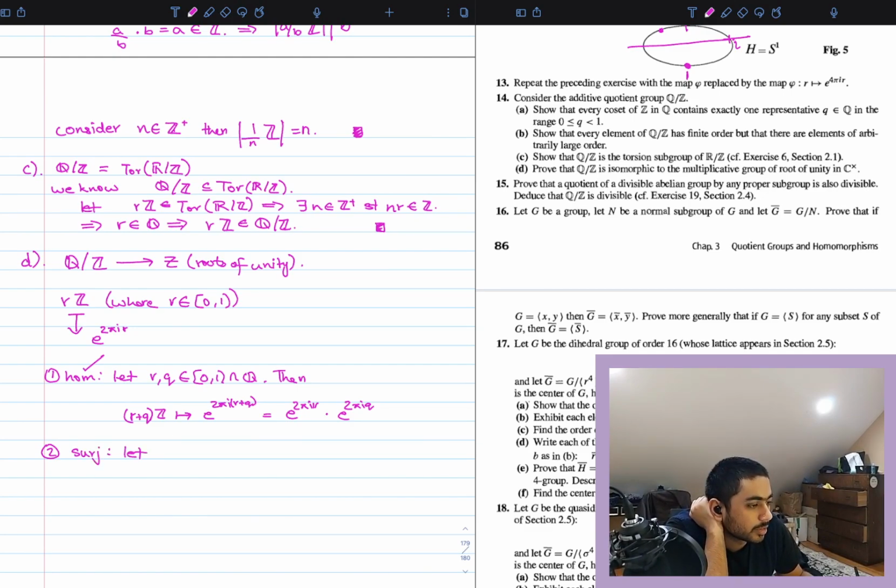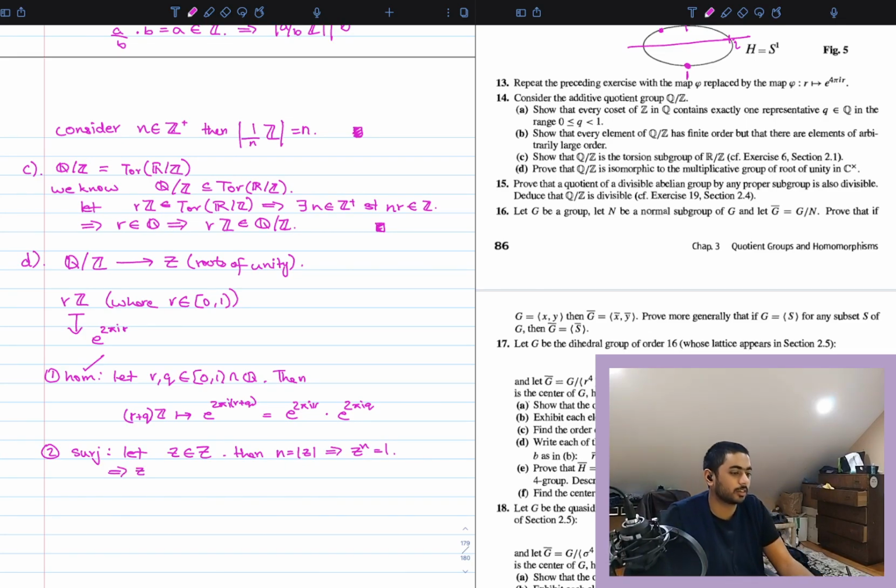Let z be inside capital Z. Then because it's a root of unity, let's find out what the order is. So let n be the order of z, which is to say that z to the n equals 1.